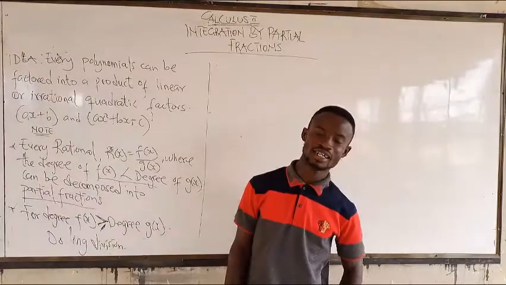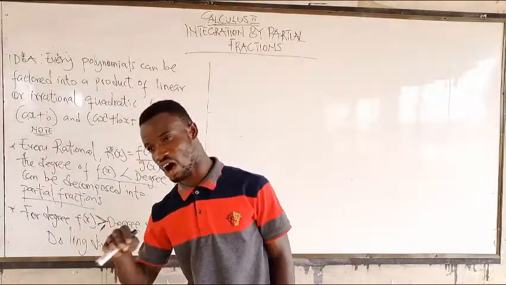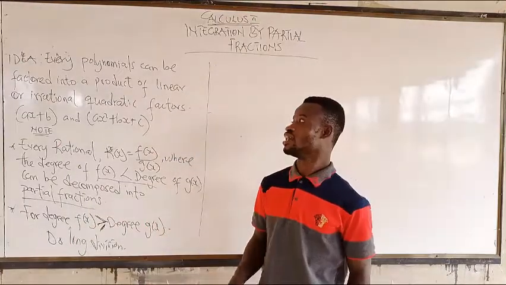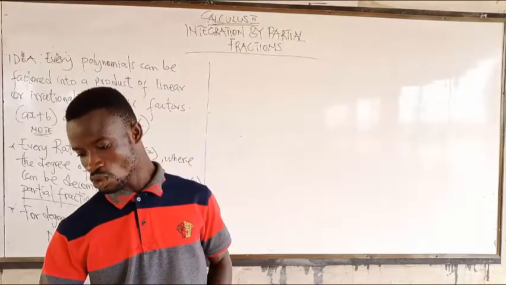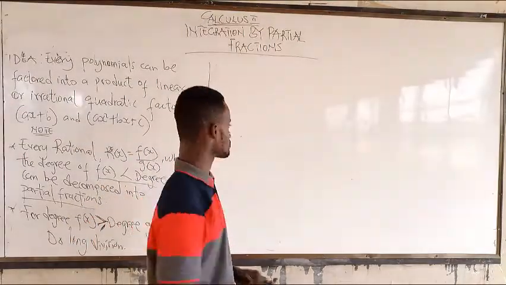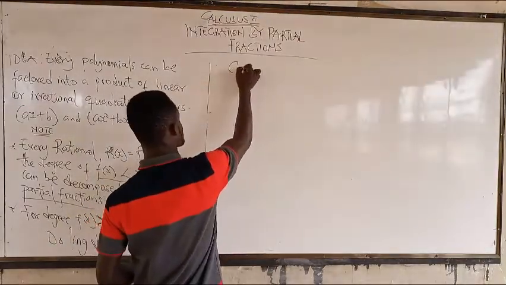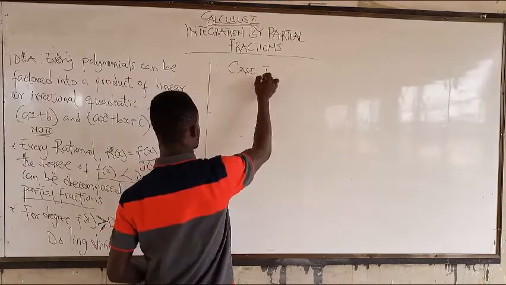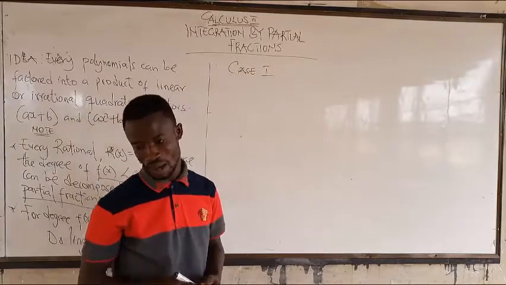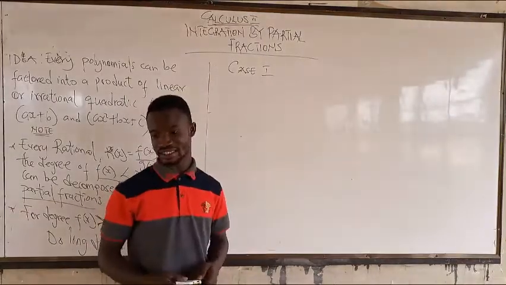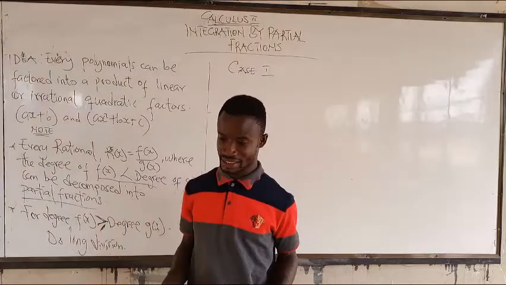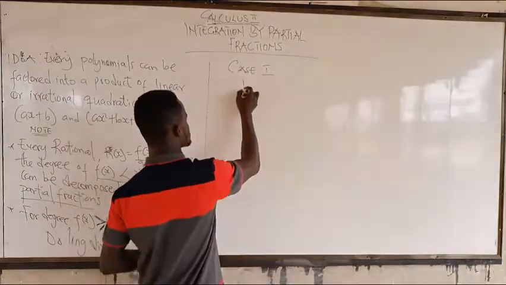So we are going to look at about 3 or 4 cases here in dealing with such cases. So let's first look at case 1. Case 1 is called distinct linear factors.